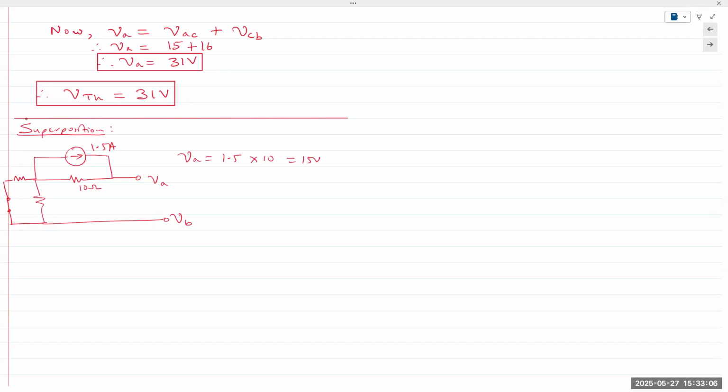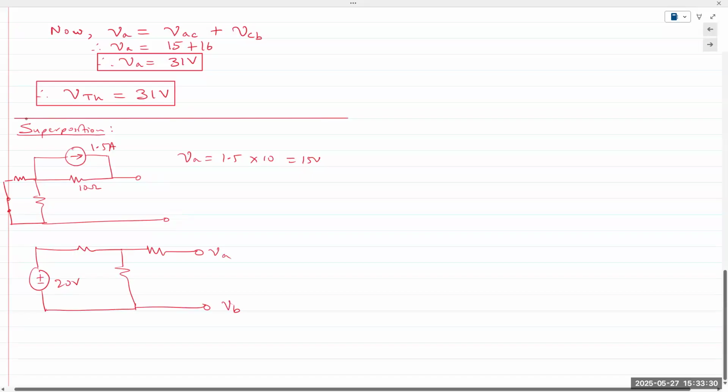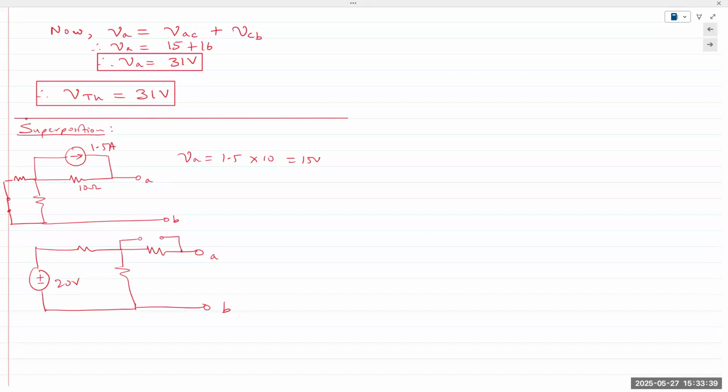And in the second part, where you have the voltage source active, it's 20 volts. A, B, and the current source is reduced to 0.